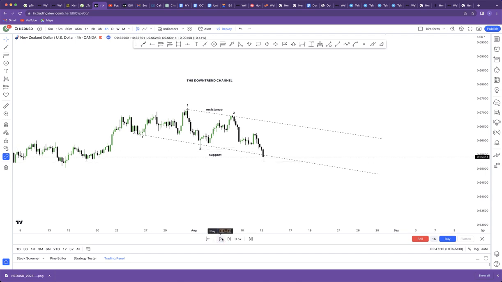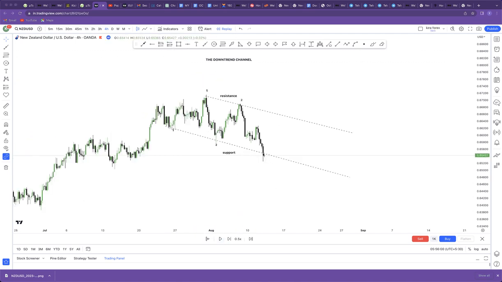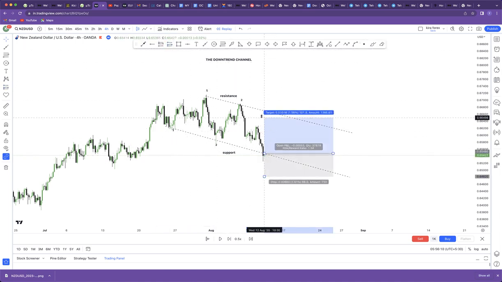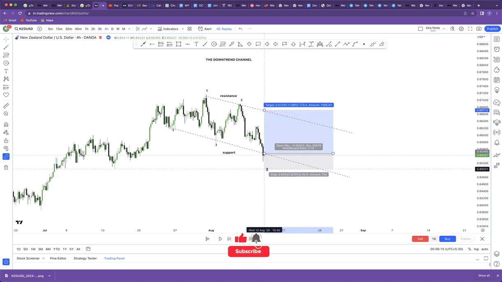So as you can see, price has touched the support in the channel. So what I'll be doing is waiting to see some rejections on the third touch, which is on the support level. So immediately I'll go and pull out my long position to just drop it here, and then my take profit will be at the resistance, and also my stop loss will be below the support.